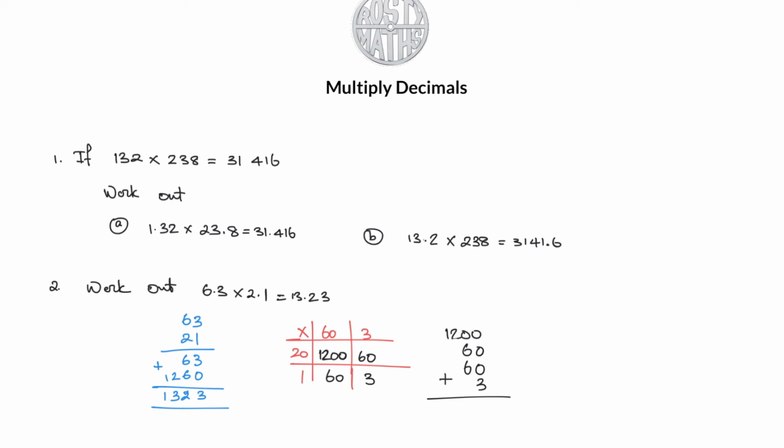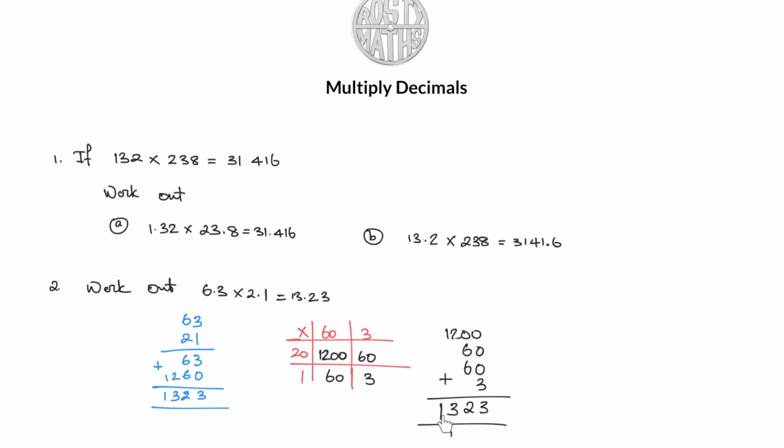Let's tot it up. So 0, 0, 0, add 3, that's going to be 3. 6 add 6, this is going to be 12, so put the 2 and bring the 1 over. 2 add this one is going to be 3. And that other one that's left on the 1200 is still going to be the one there.